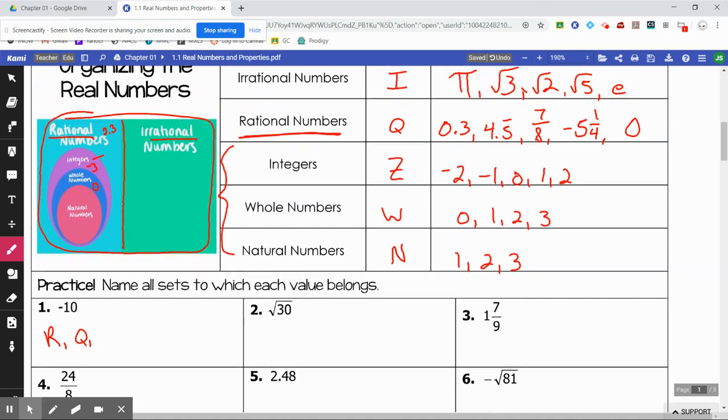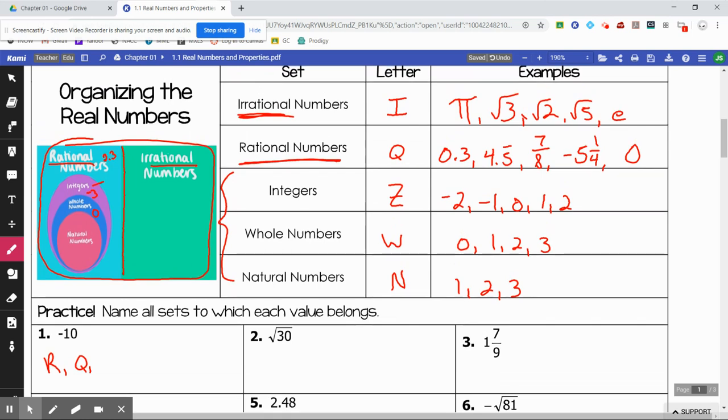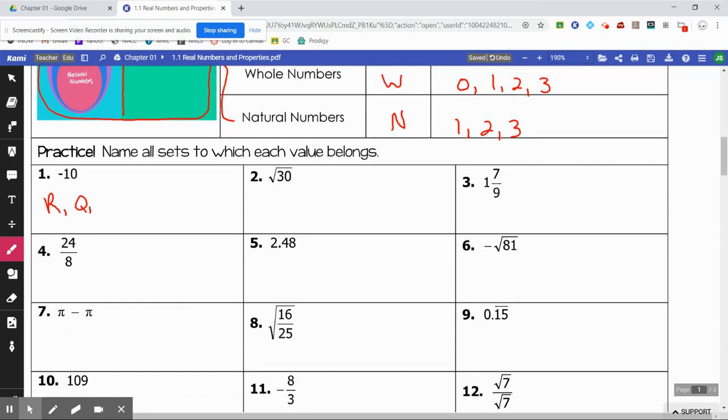Another way you could think of it: the word irrational actually means crazy. If you have a crazy decimal like pi, we know that pi is crazy, there's no pattern to it, then it's going to be irrational. So this is real, it's rational, it is also an integer. It is not a whole number, and it is not a natural number, so that would be it.